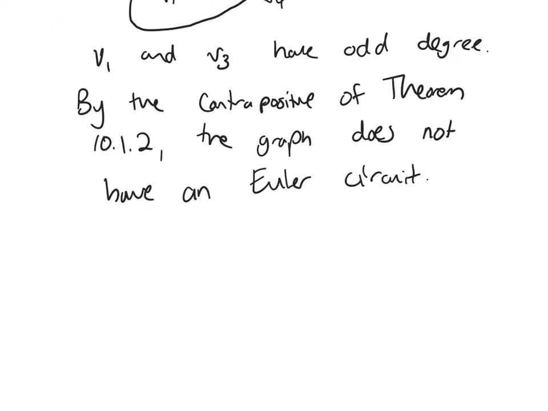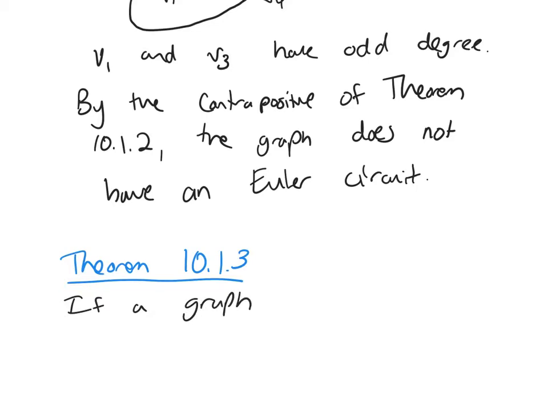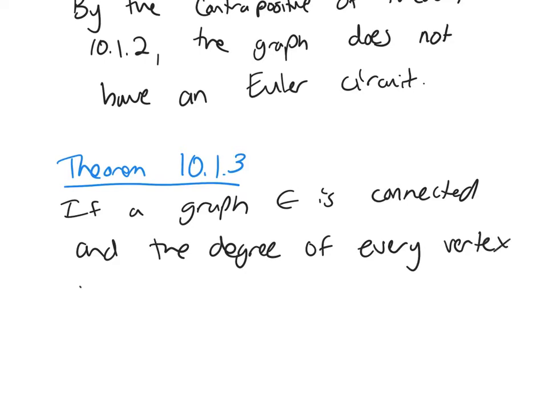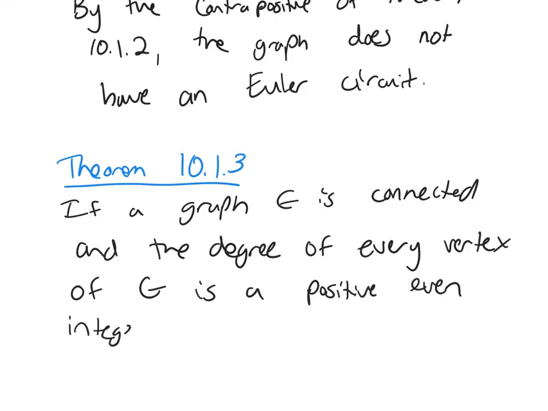And I want to end this section with the following theorem. Theorem 10.1.3 says if a graph G is connected and the degree of every vertex of G is a positive even integer, then G has an Euler circuit.